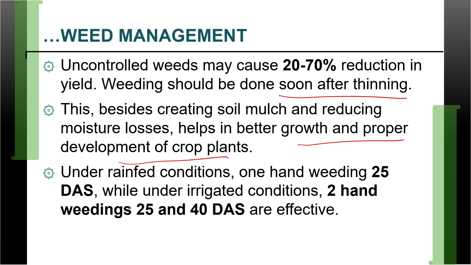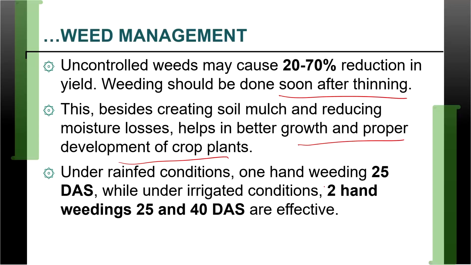Some intelligent farmers, if they remove plants from within the rows, keep those plants on the surface of the soil, and they can suppress the growth of the weeds and conserve the water also. Under rain-fed conditions, one hand weeding 25 days after sowing, while under irrigated conditions, two hand weedings, 25 and 40 days after sowing, are necessary.